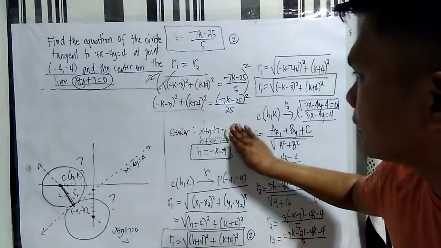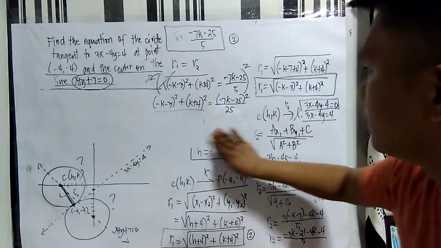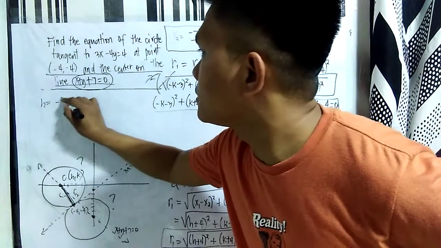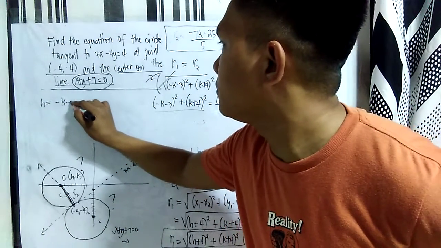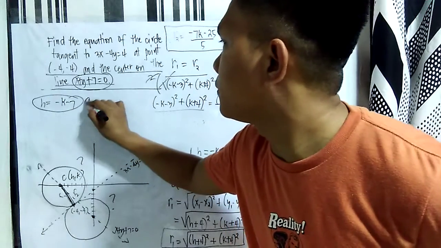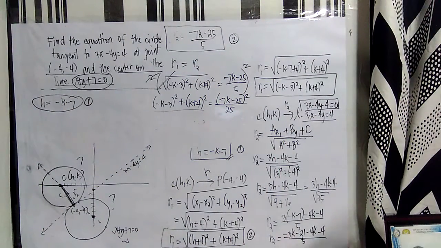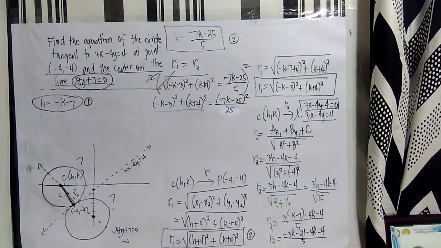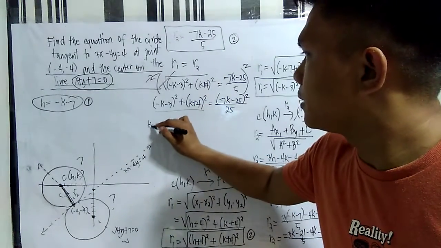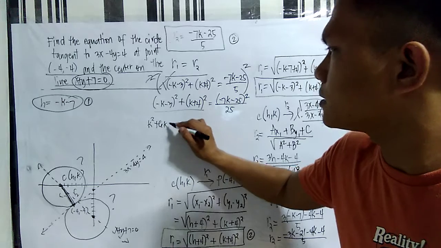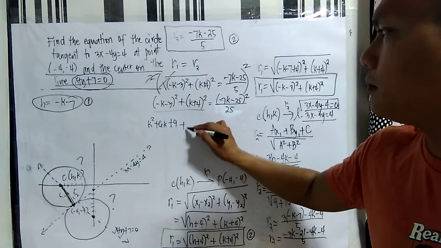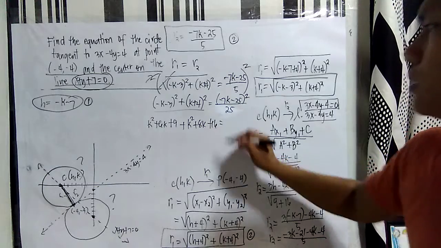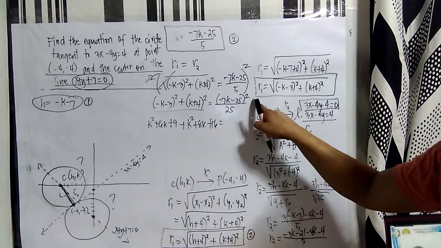Dire-diretso naman tayo. Basta we have the first equation, h equals negative k minus 7. That is our first equation. Okay, so let us expand this. We have k square plus 6k plus 9 plus k square plus 8k plus 16 equals negative 7k square.